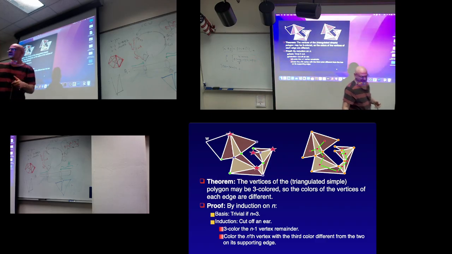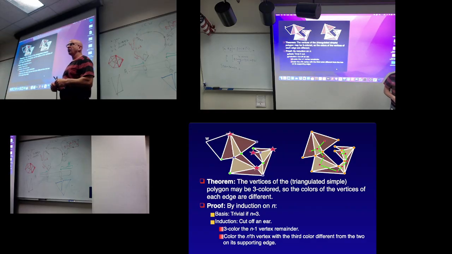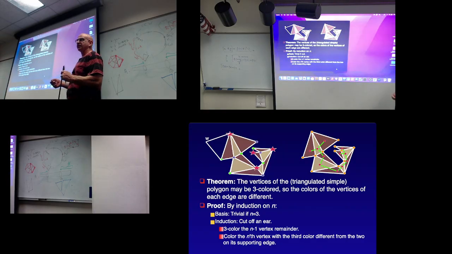That's a theorem that we want to prove. You can color the vertices. Each vertex will have a unique color, and every triangle will have one vertex from each one of the three colors.